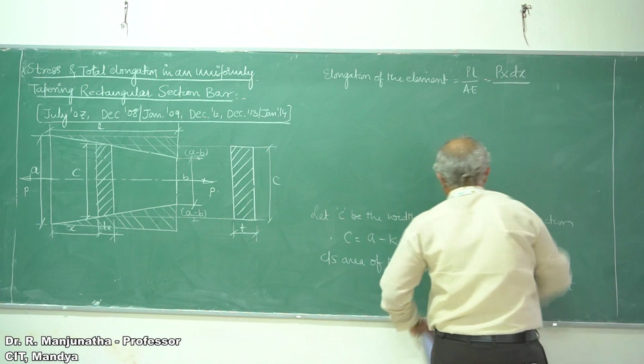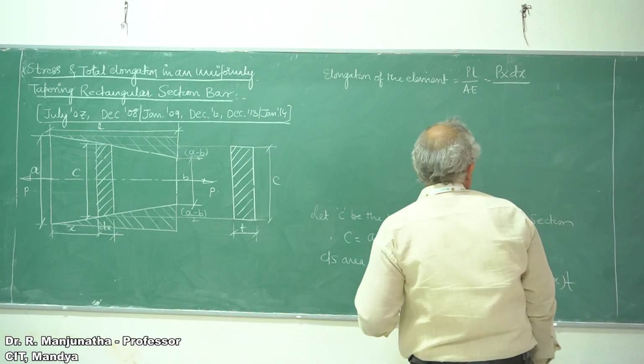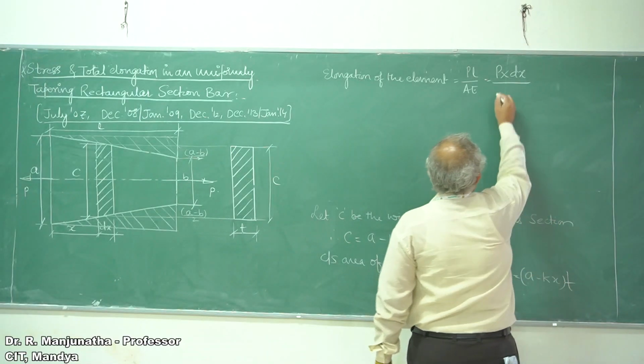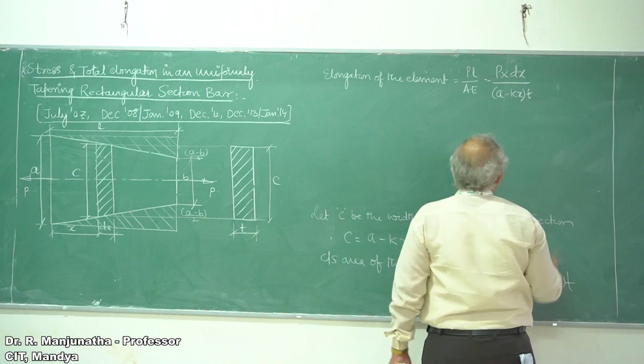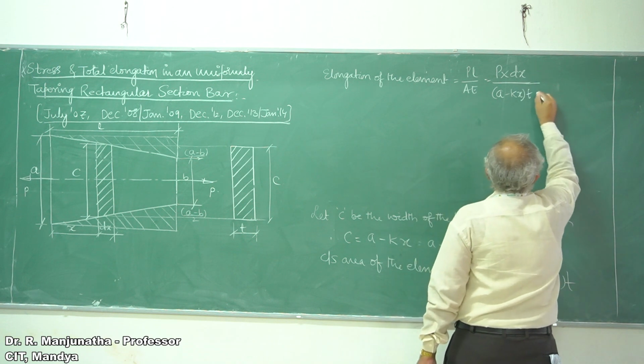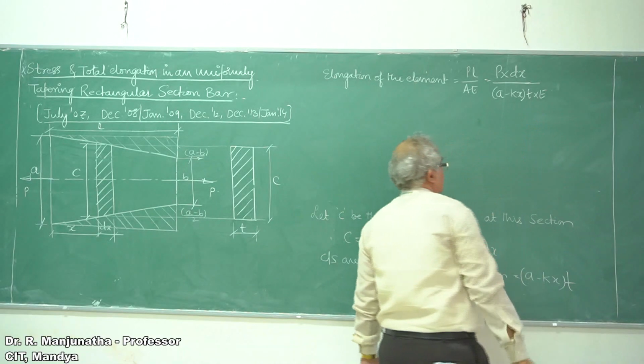The area of the cross section of the element is (A minus K into x) into T, and the material property is Young's modulus.